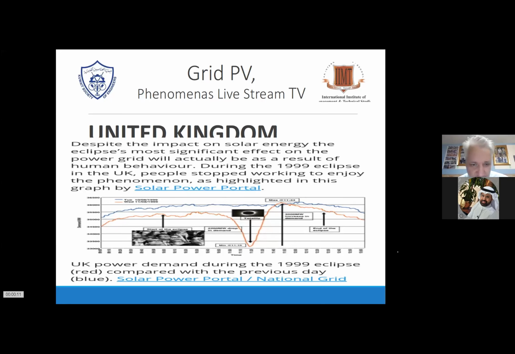So like I said, during the eclipse with the sun, that is now from 99 in UK, you can see the drop of the UK power demand. The blue one is on Tuesday, and Wednesday when they checked between 11 and 11:30, the total darkness of the sun, you can see it went down quite dramatically, and you have this lagging.